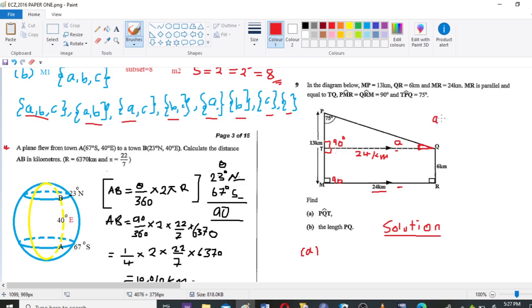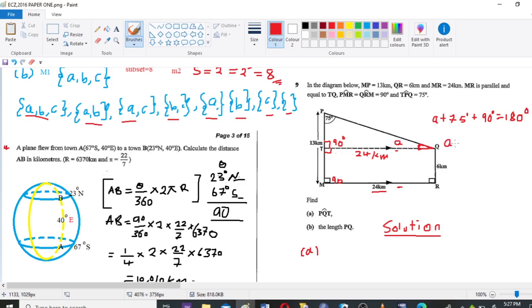So adding A plus 75 degrees plus 90 degrees should give us 180. So we need to get 180; that will be the sum.